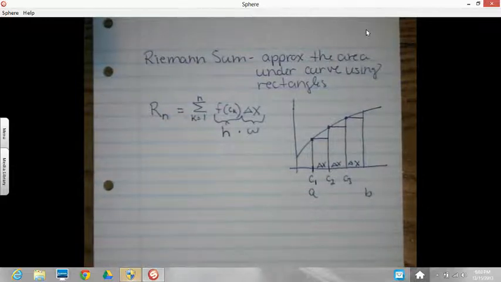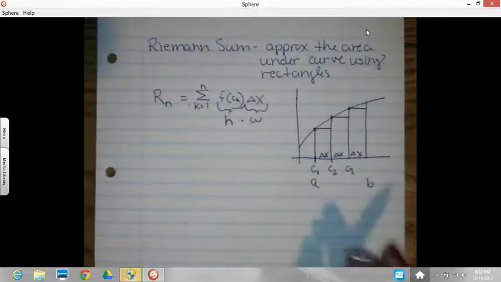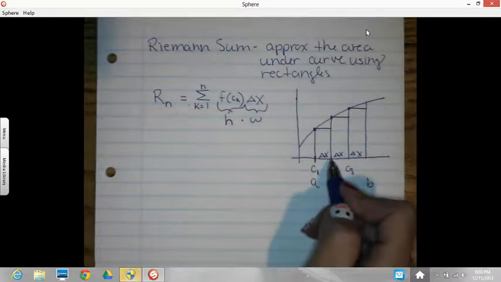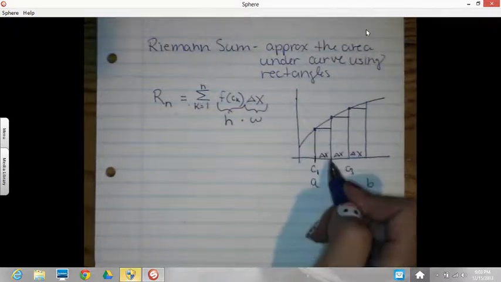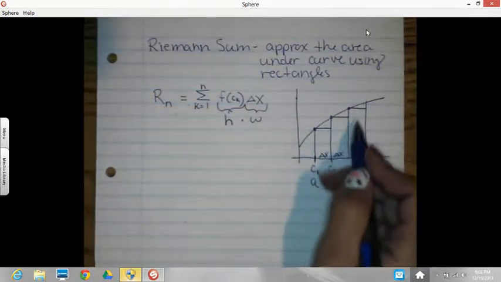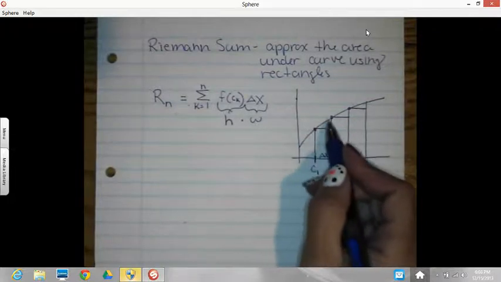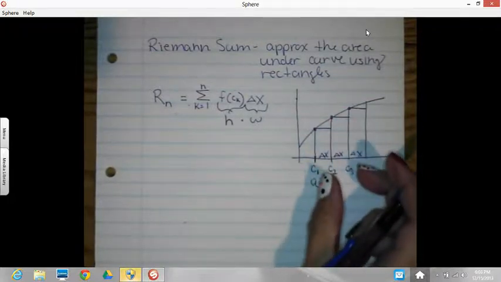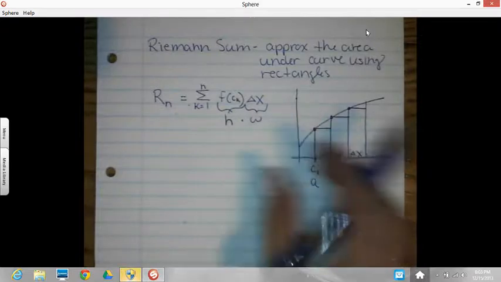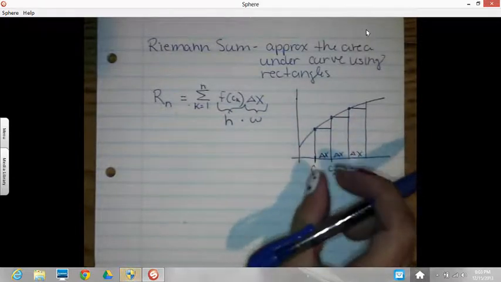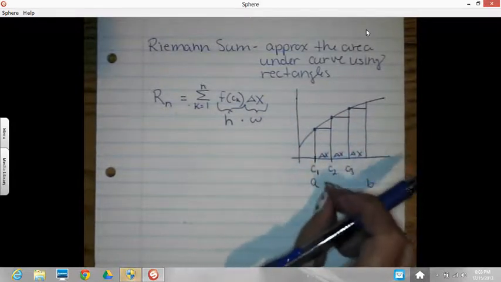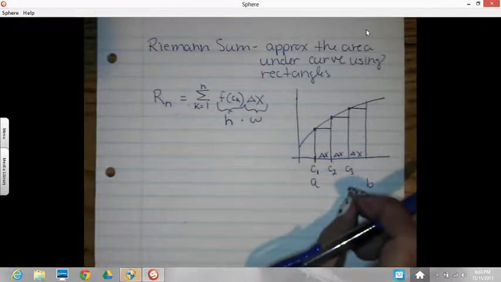And then what Riemann proved was as we decrease this width, we increase the number of rectangles. And if we keep finding these sums, they limit in on a number. The smaller you make them, the more accurate you are. The value that they're limiting in on is the integral value.